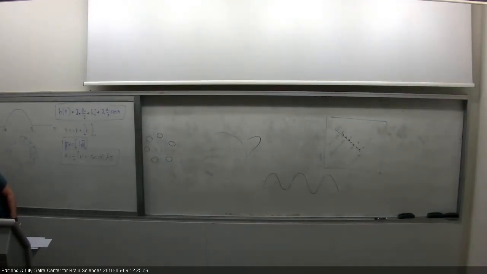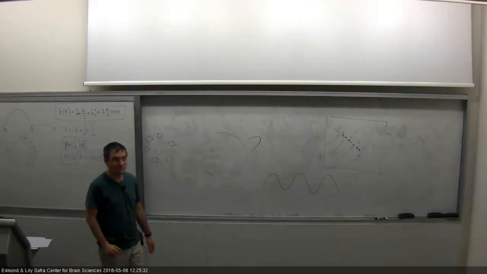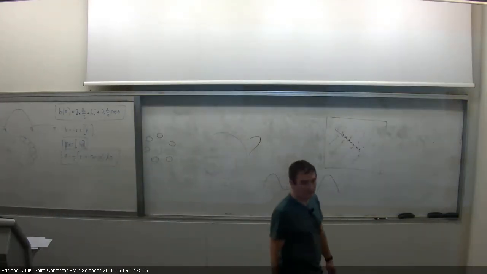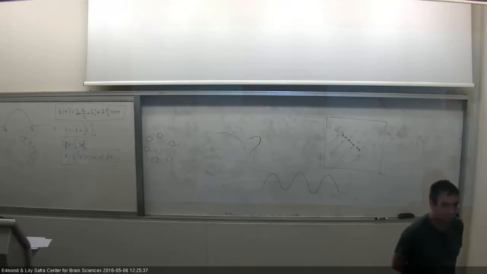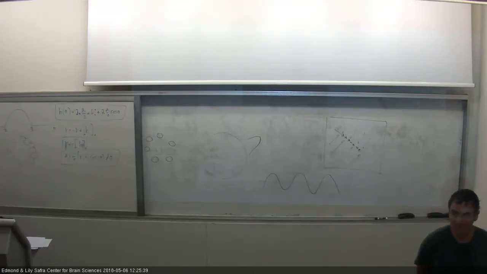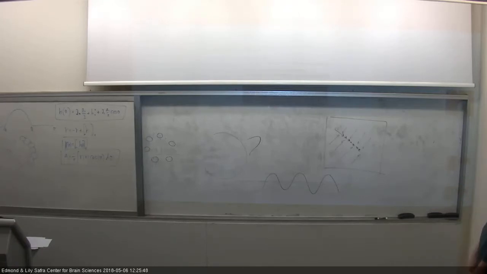Yes, sure. Well, yes and no, complicated. So we started by talking about line attractors. I think this was the second example. We consider a single neuron, and we have a continuum of solutions.